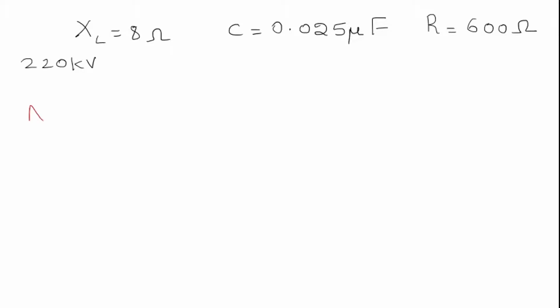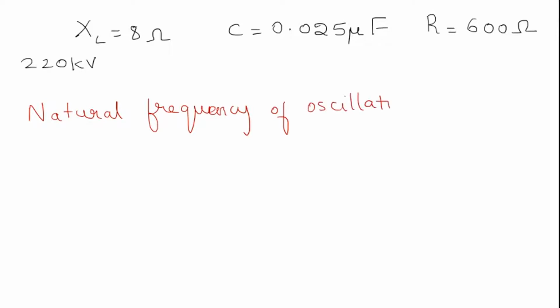Okay, so now we are supposed to find the natural frequency of oscillations. The natural frequency of oscillation is equal to 1 by 2 pi root L over C. We don't know the value of L, so it can be obtained from the inductive reactance.